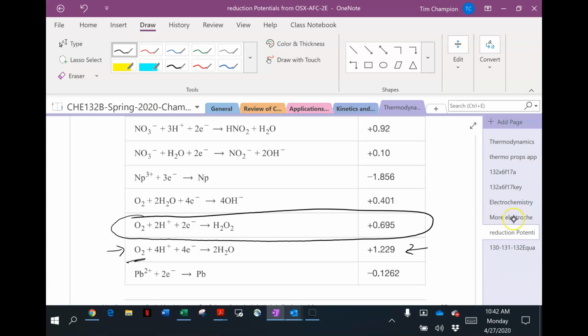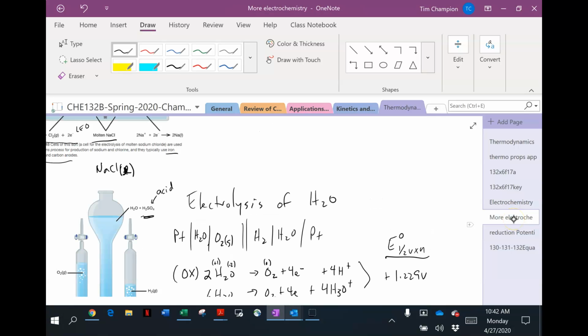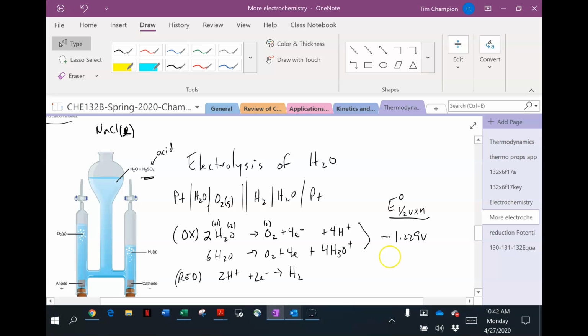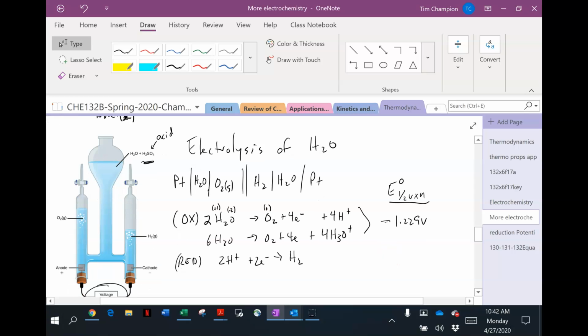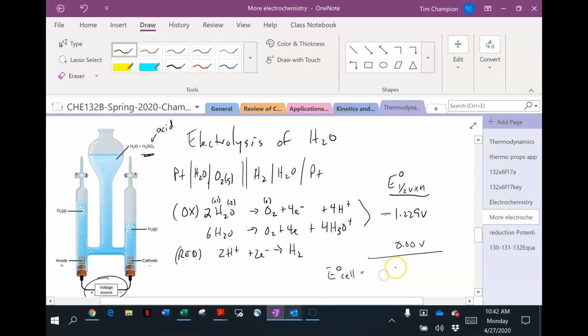But if we go back and look at our process here, we've turned that around. So this is going to be negative 1.229. The other value here, the hydrogen ion going to H2, that's the standard hydrogen electrode, so that's 0.0 volts. So our E naught for our cell is going to be negative 1.229 volts.